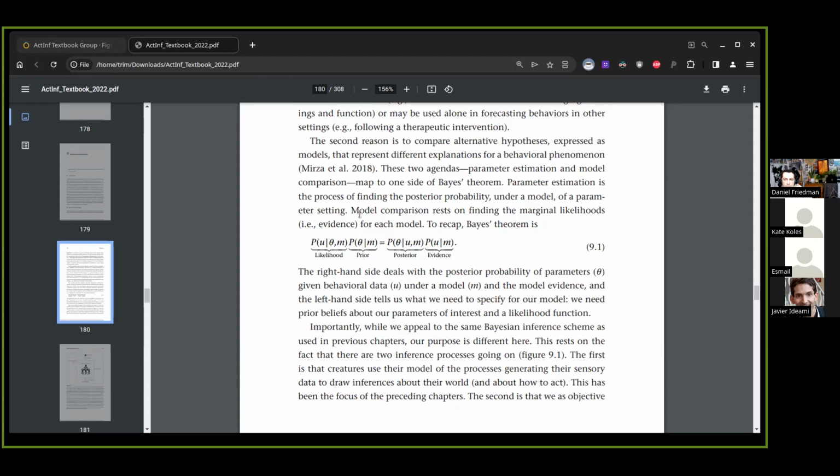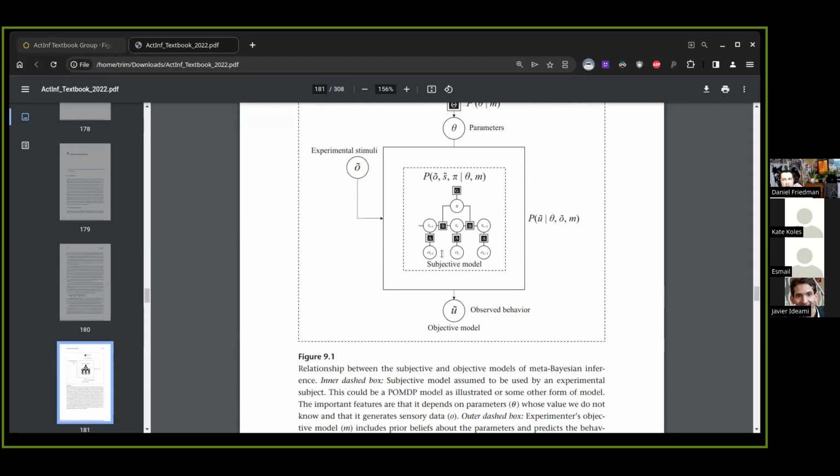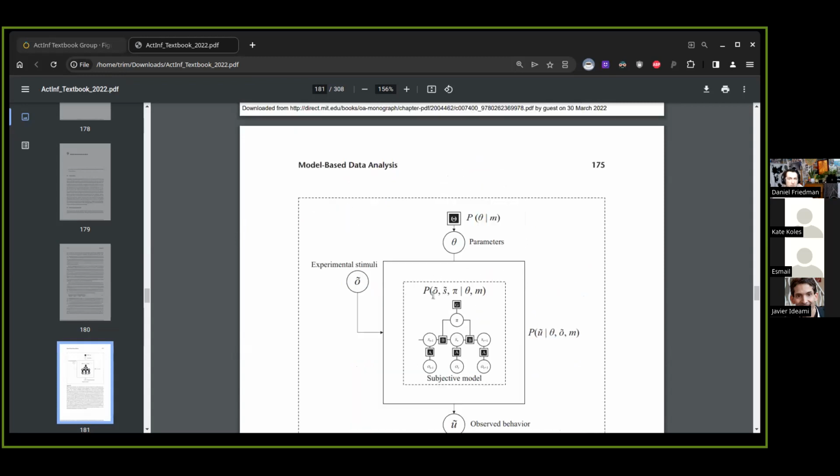Now, model comparison rests on finding the marginal likelihoods, i.e. evidence, for each model. So we might have three, this is again a really simplified model, but let's just say those three different cohorts or categories of patients: the habitual, the preference, and the world model.